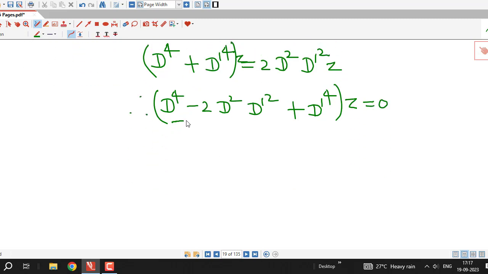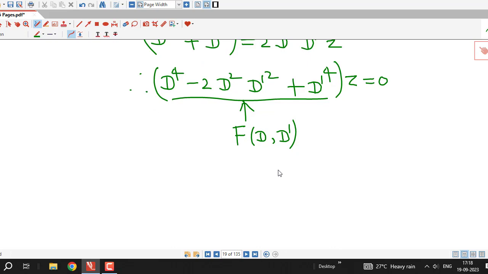And now we can observe that this is a function of D and D dash, and it is a homogeneous function of degree 4. In each term the degree is 4. Therefore first we will write down the auxiliary equation by replacing D by m and D dash by 1 in this function, and then equate it to 0.